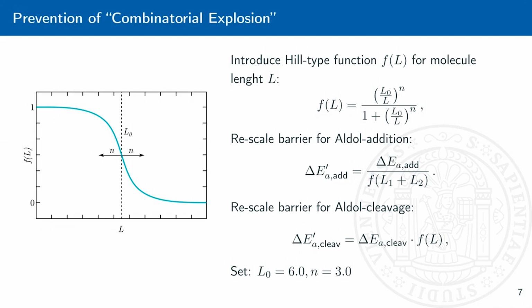This Hill function is then used to rescale the energy barriers for the aldol addition and cleavage, respectively increasing or decreasing them. This should capture the fact that reactions between 2 large molecules or the further growth of an already large molecule by adding a smaller one are relatively unlikely, as for longer carbon chains it is more difficult for the corresponding reaction sites to align. At the same time, the cleavage of a longer chain is made more likely, reflecting their instability. The parameters for the Hill functions were kept constant for all simulations.